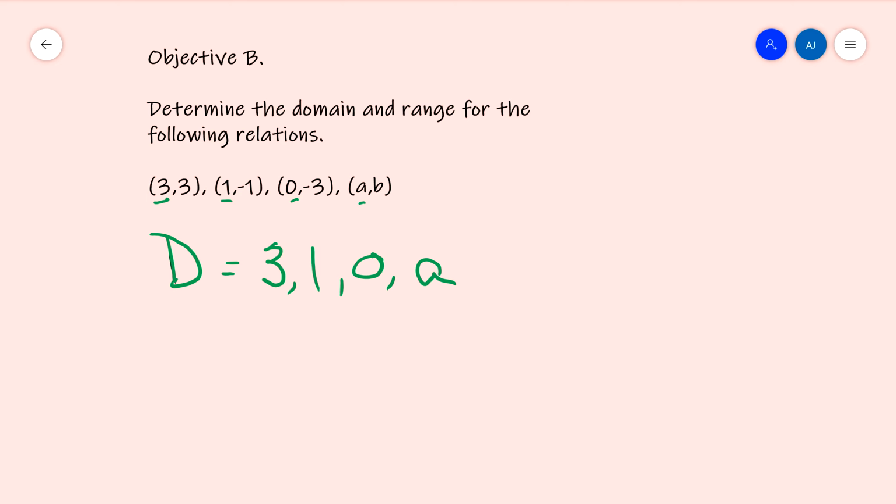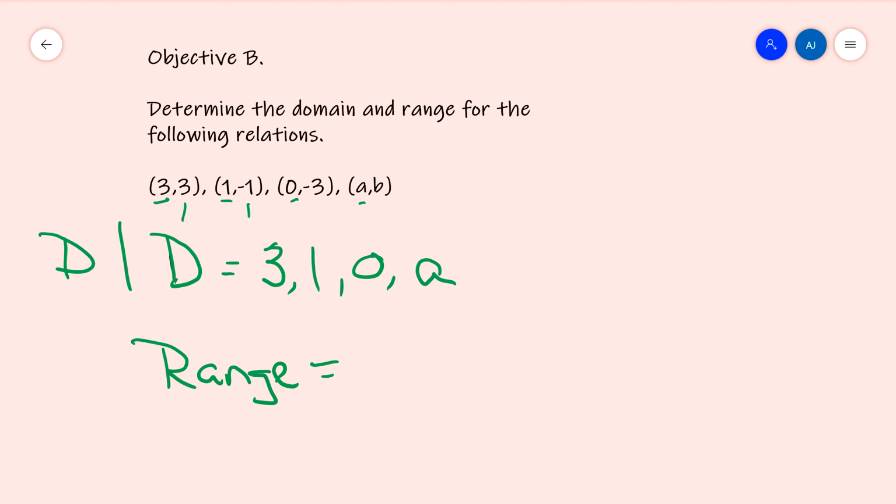If they say write it in set builder notation, it's going to be D such that D equals 3, 1, 0, A. That's the only difference between writing set builder notation and just writing it out. The range then, remember we can have the same number for the range, is going to be all the y values.